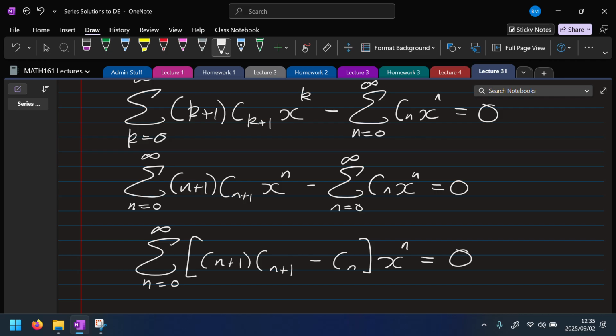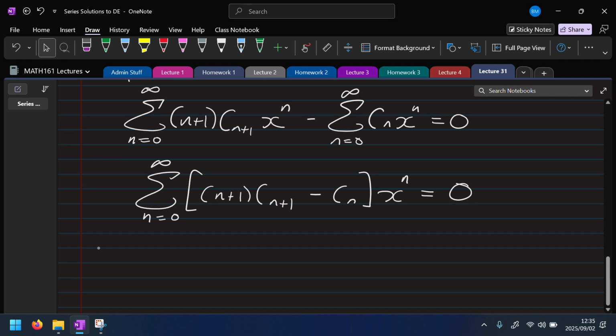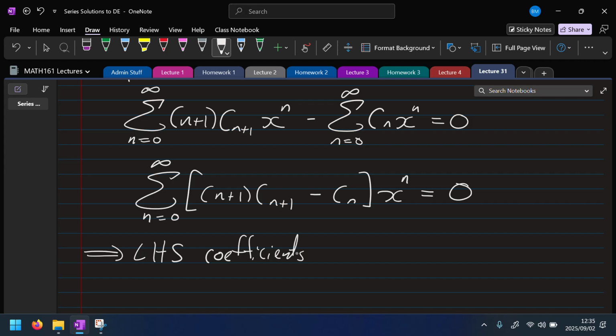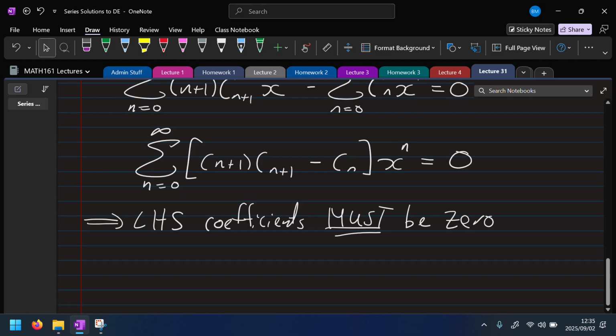They must all be 0. Exactly. So all the coefficients on this left-hand side must be 0. And that gives us a nice equation for the CNs.